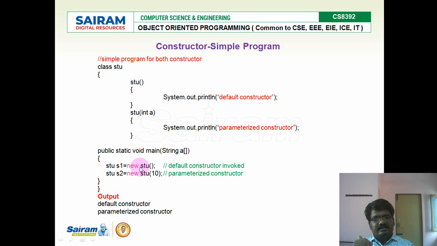With that constructor, for this object S1, any variables will be initialized for the object S1. This is going to be the default constructor because the constructor does not have any parameter inside. And the second object S2 has been created by using the new keyword and the constructor having a single parameter. Hence this object has been initialized by using the parameterized constructor.